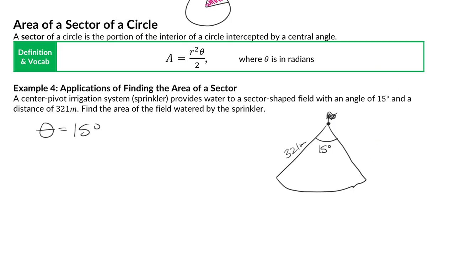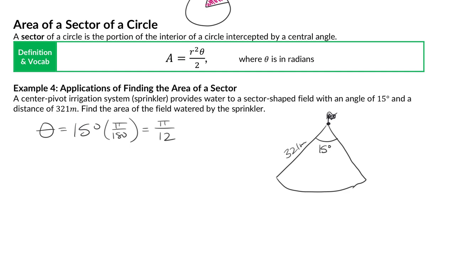Okay, great. So I have theta, I have r, which means I have everything I need to plug into this formula. What's the only problem with this? It's in degrees, so we have to convert it to radians first. So we're going to multiply by pi over 180. 15 divided by 180 is 1/12, so this is pi over 12.